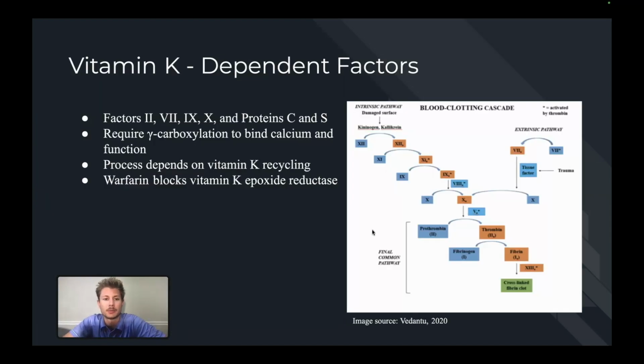Another crucial aspect of the clot itself is the cofactor vitamin K. Several key clotting factors require vitamin K-dependent gamma carboxylation to bind calcium to function properly. These include factors 2, 7, 9, and 10, as well as proteins C and S. Vitamin K must be recycled by an enzyme called vitamin K epoxide reductase, which is the target of warfarin, a common anticoagulant.